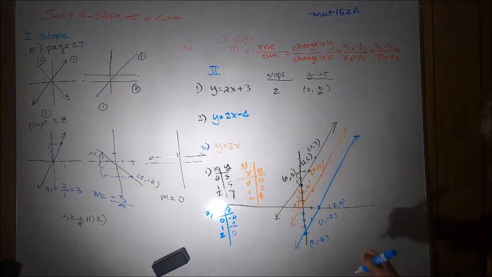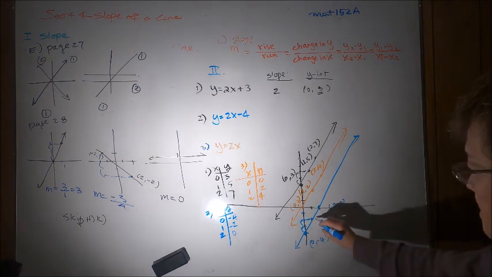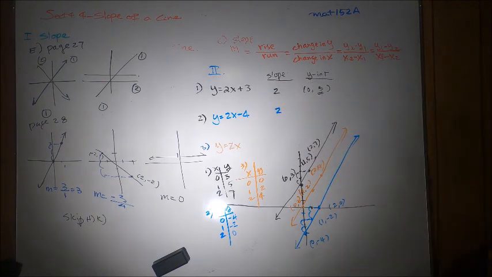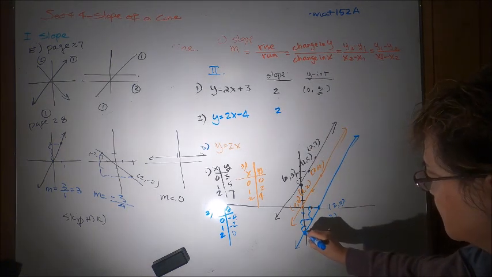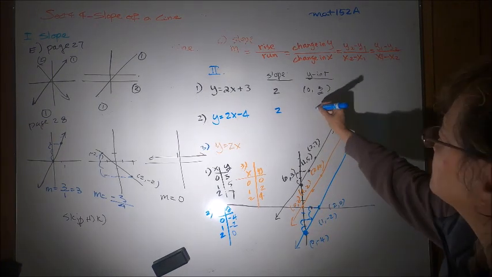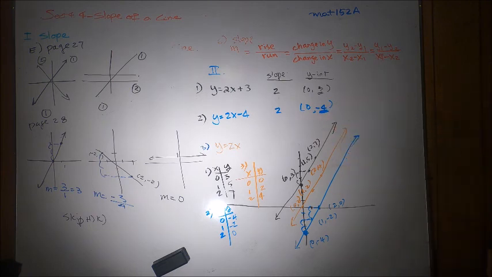Then let's look at the blue line. What's the slope? Rise over run, it's 2. The y-intercept is what? Here, -4, right? So that's (0, -4). It's on the -4. And let's look at the orange line.